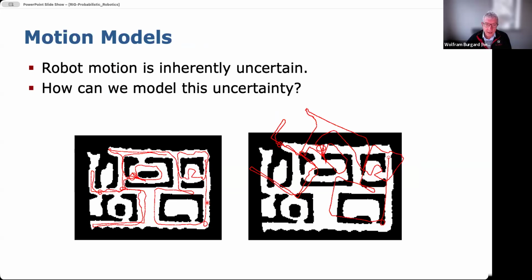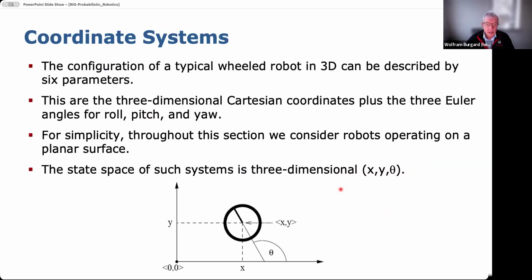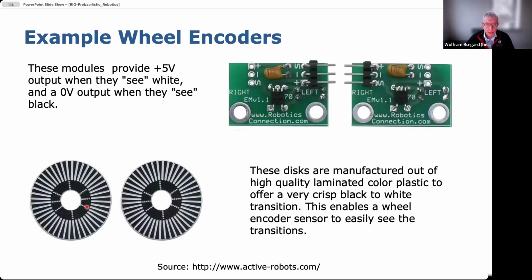trajectories. The left-hand side shows the trajectory actually taken by the robot, more or less, as far as we know. And the red one over here is what you typically obtain by what are called wheel encoders. Wheel encoders are things like this over here, tiny little discs that basically measure the angle or the rotation of the wheels.